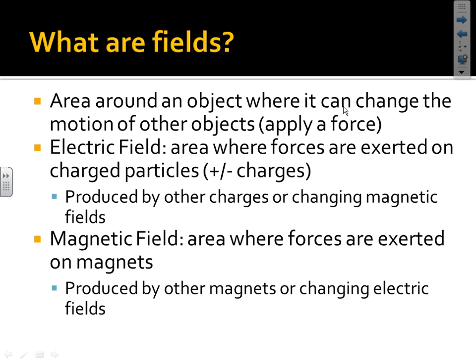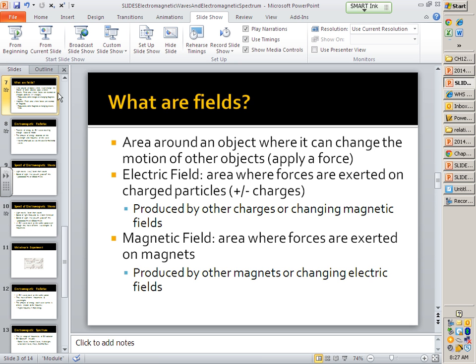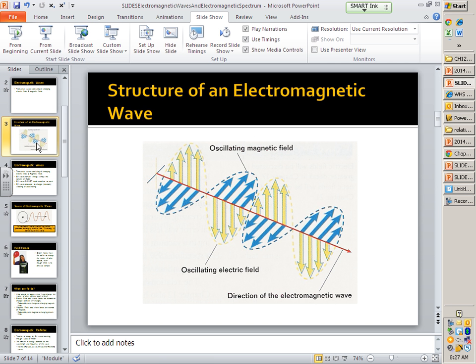And if you go back to the picture here, if the yellows represent an electric field and the blues represent the magnetic field, as the yellow arrows are getting bigger, what do you see happening to the blue arrows? They're getting bigger too, and as the yellow ones get smaller, the blue ones get smaller, because electric fields affect magnetic fields and vice versa.